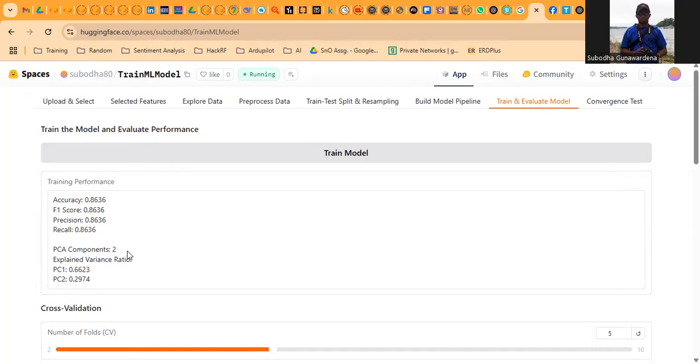So principal component analysis is to reduce the dimensionality, not to increase the accuracy, right? But if you want to look into the accuracy as well, you have to do what is called LDA, which is linear discriminant analysis. That will look into the classification as well.